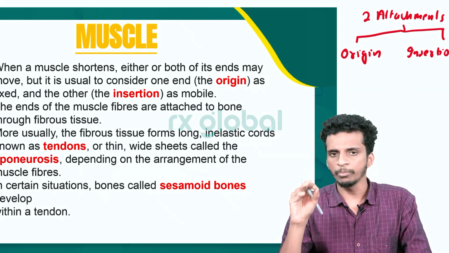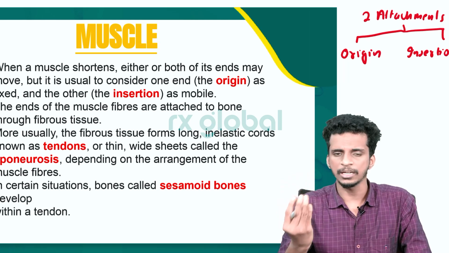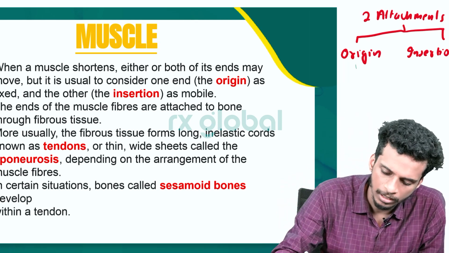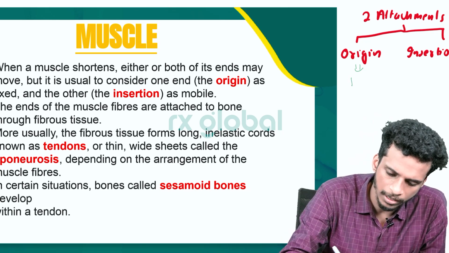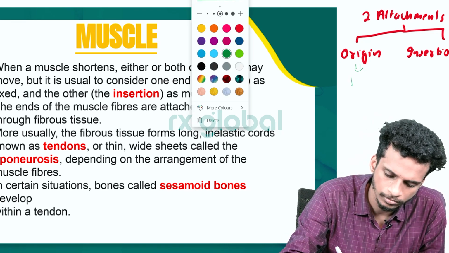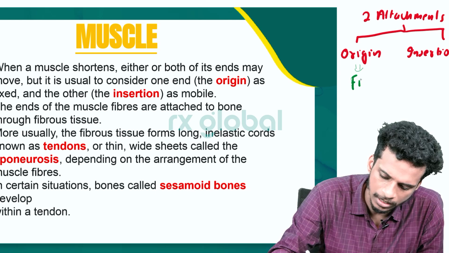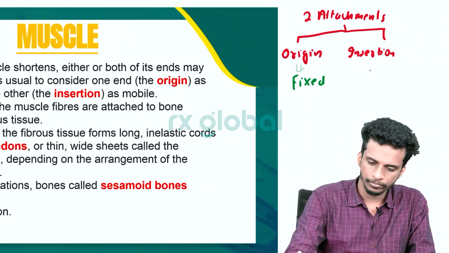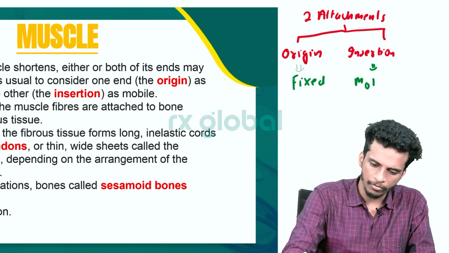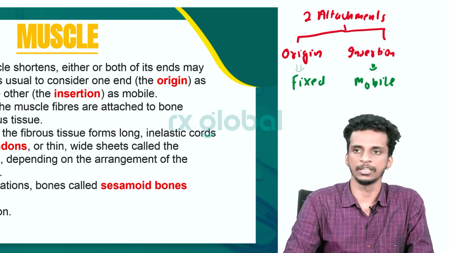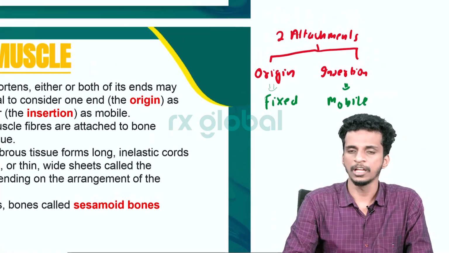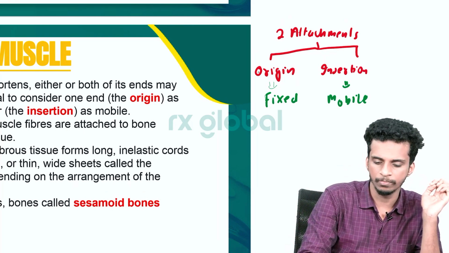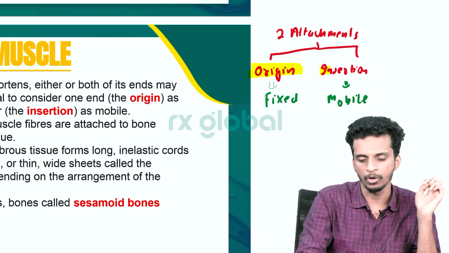During a movement, when a muscle contracts, that part of the muscle which remains at rest, or which is fixed, we call the origin, and the part of the muscle which is mobile, we call the insertion. The part of the muscle which stays fixed is the origin, and the part which is moving is the insertion.